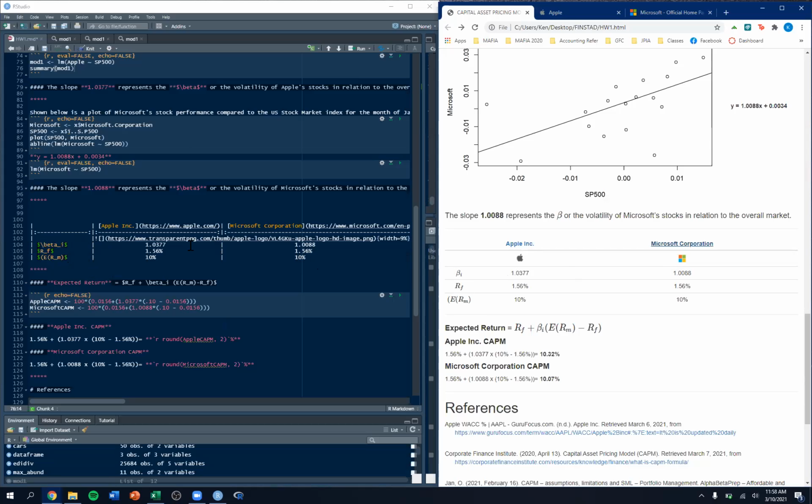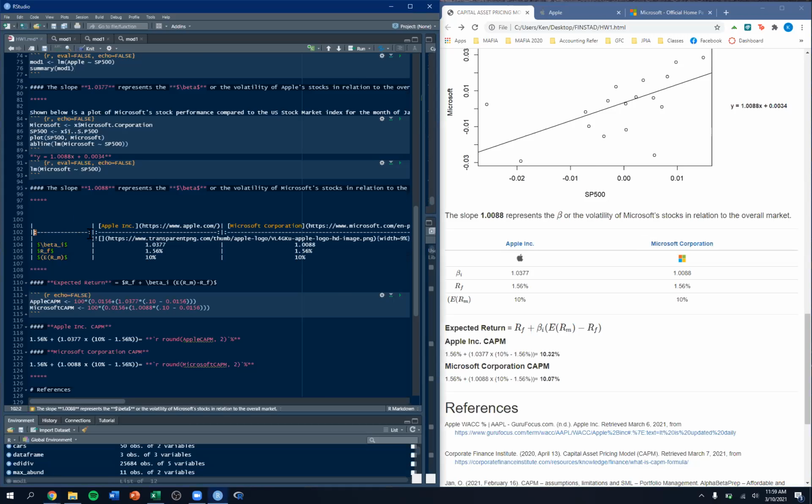And then we placed the 1.0377, the beta of Apple, and 1.0088, the beta of Microsoft Corporation. One thing we noticed during the creation of this table was that in order to center align the data, you could actually just place these two dots at the end of your made table, and then they would easily align the things you input as center align.